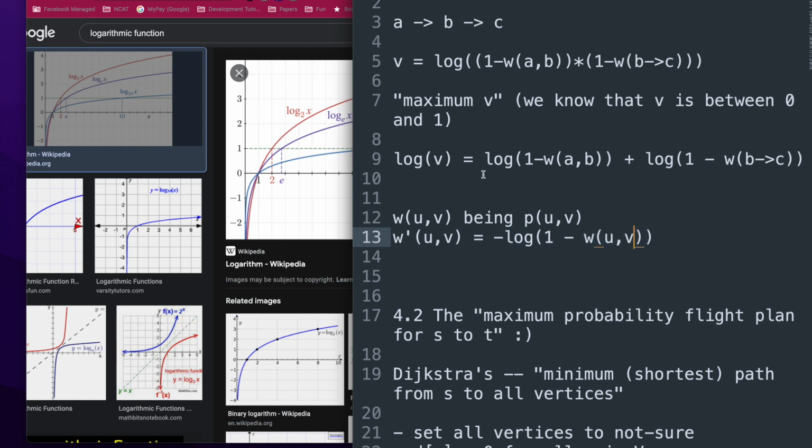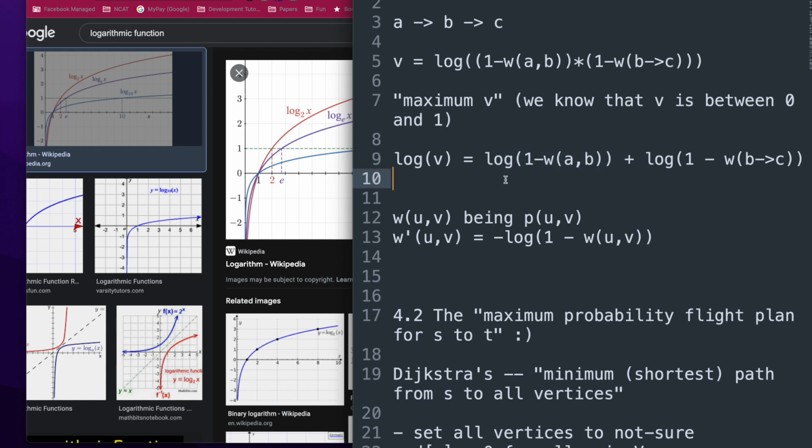Because, as we saw above, if I multiply 1 minus these original weights and take the log, that becomes addition in the logarithmic space. And if I take the negative of that, all of those weights will be positive.